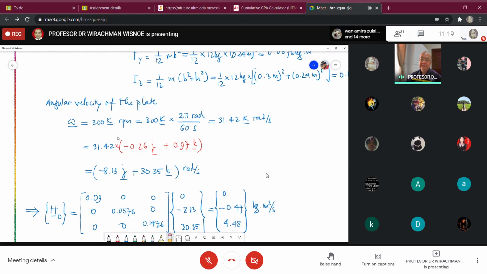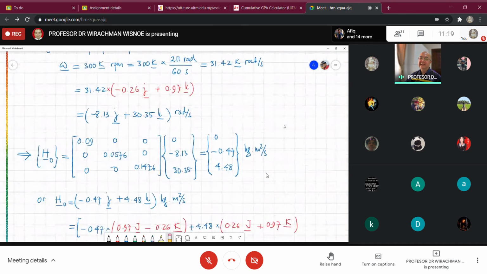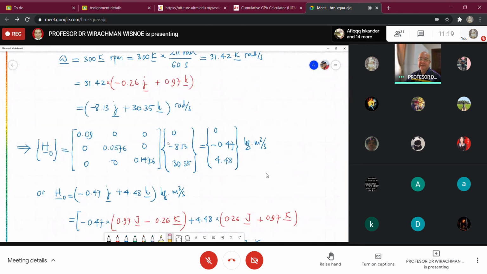This is the conversion. So you have 300 capital K equal to this. And then you do the matrix product. You have the matrix tensor, you have the matrix omega, you multiply, you know how to multiply, right? This times that, and then you add, becoming this one. And then the second line, this second line with this vertical line.